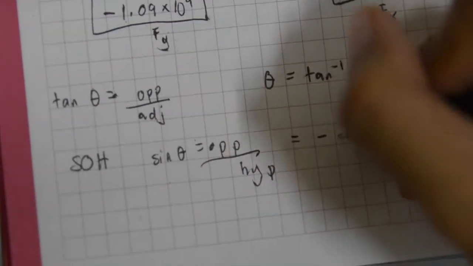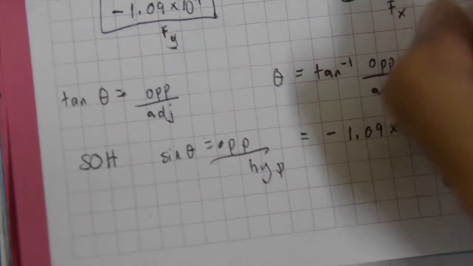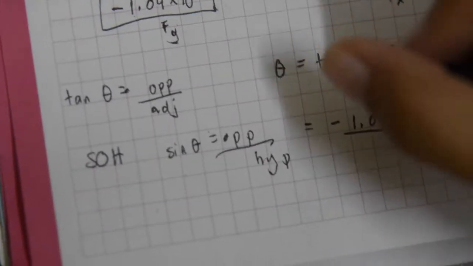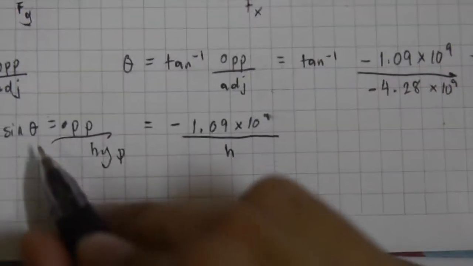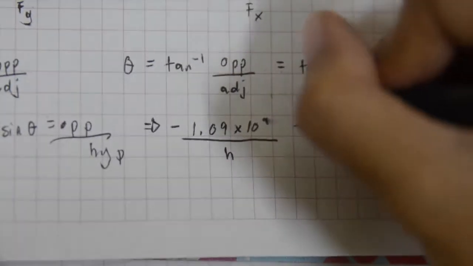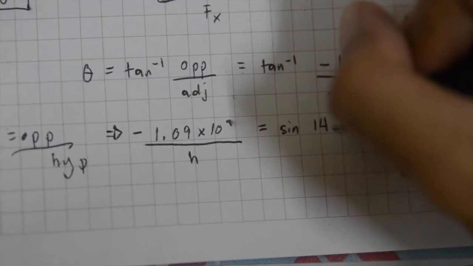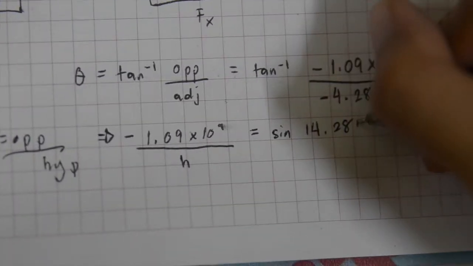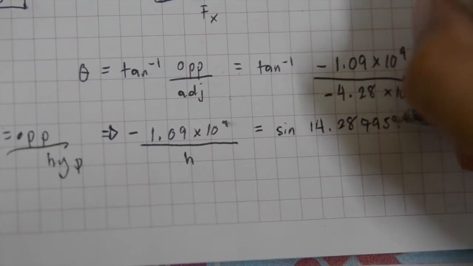So that's negative 1.09 times 10 to the 9th over the hypotenuse, which we don't know, so that's still h. Then we know that theta is 14.28795313.